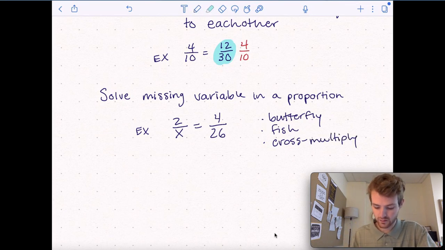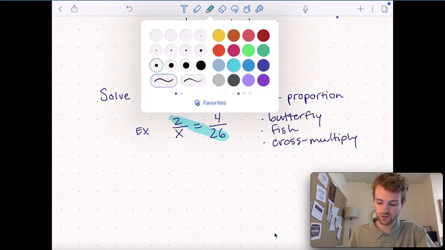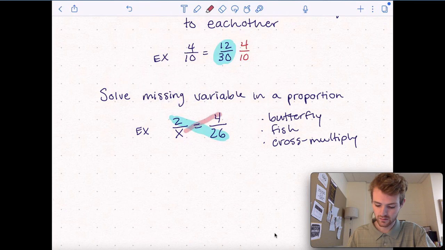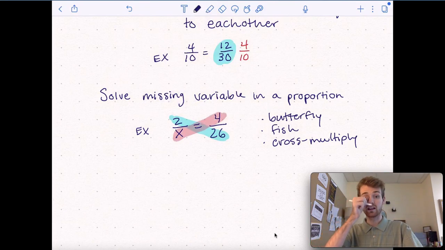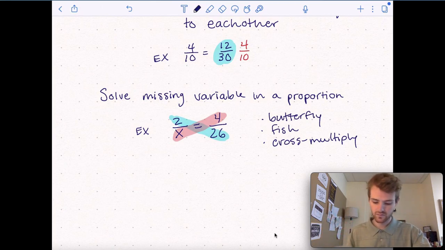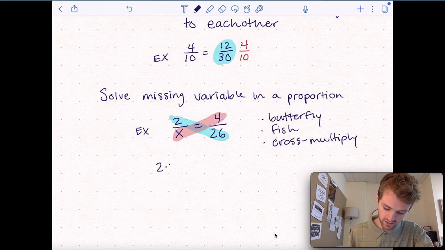This is where we multiply the corners together. So here we circle or highlight the two corners and we multiply them together. So I get 2 times 26 equals 4 times x.